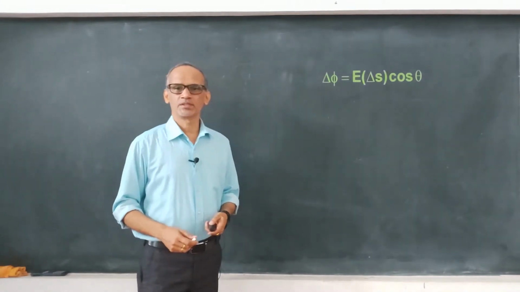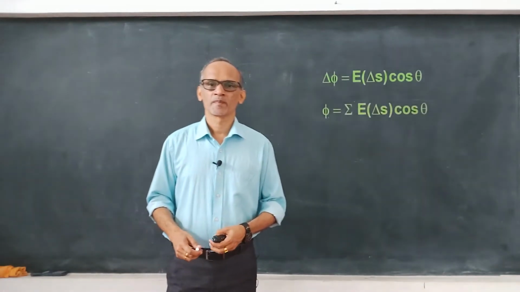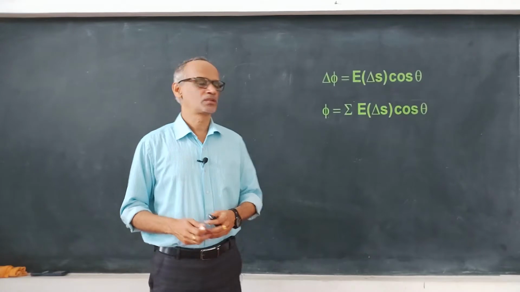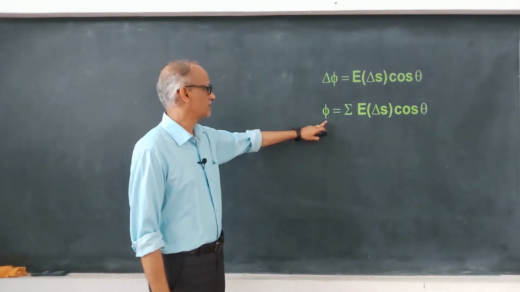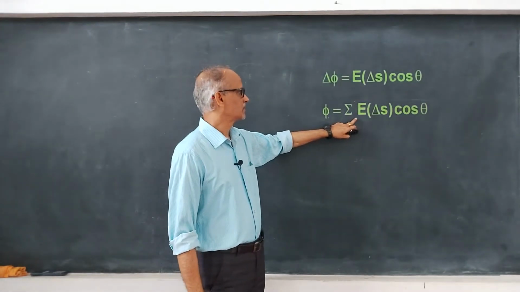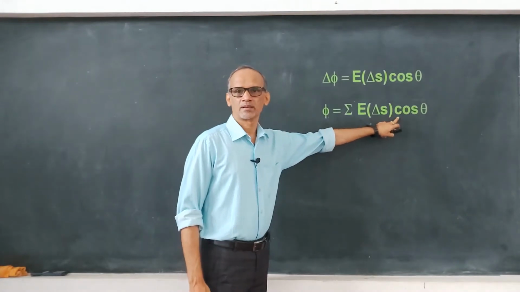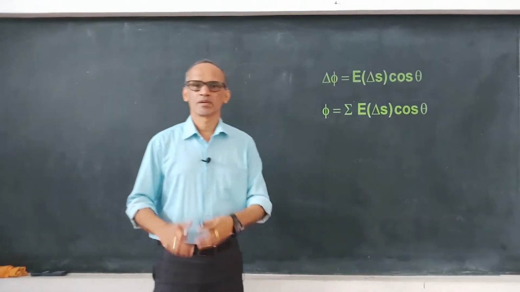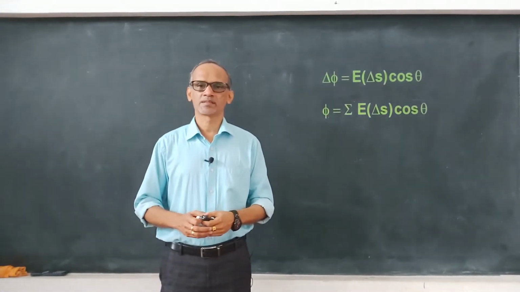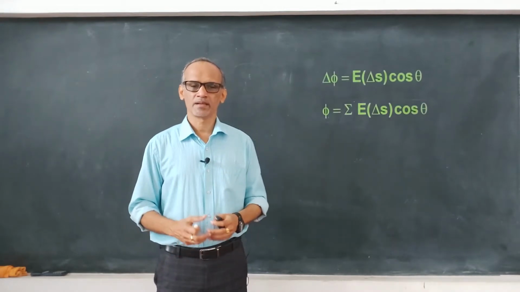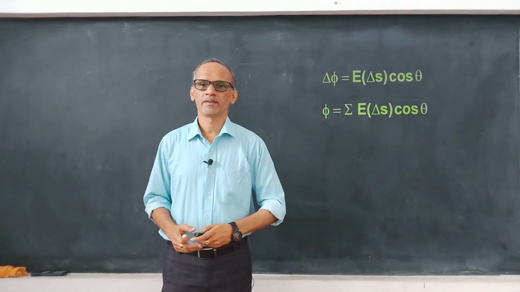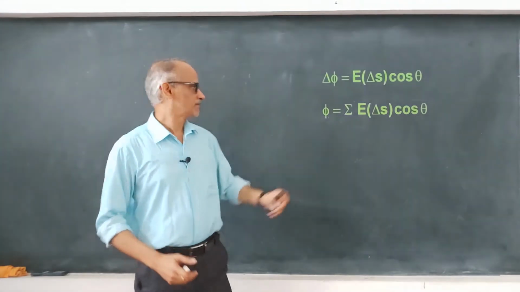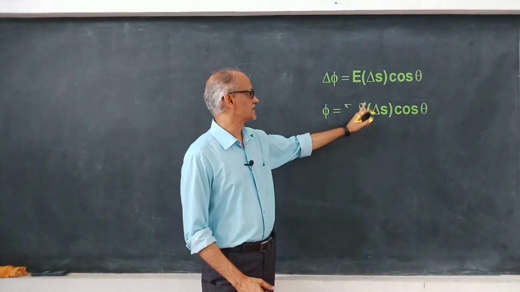If you want to measure the total electric flux through a given surface, it is given by phi is equal to summation E delta S cos theta. So, algebraically we add the flux through the entire surface and find the total flux. The flux is related to the field, and the field is related to the charge.